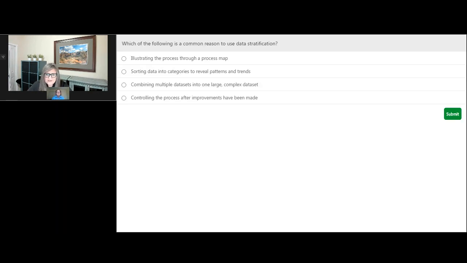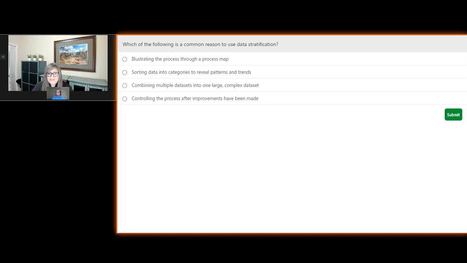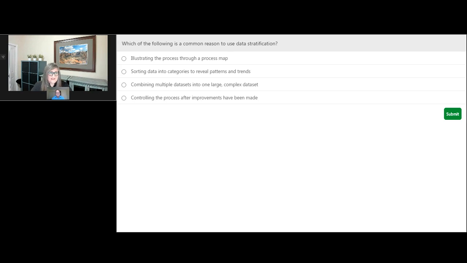So our next question of the day is, which of the following is a common reason to use data stratification? So we just talked about one of the reasons that we actually use this as a common tool, but we wanted to investigate further why we might use this in process improvement efforts.